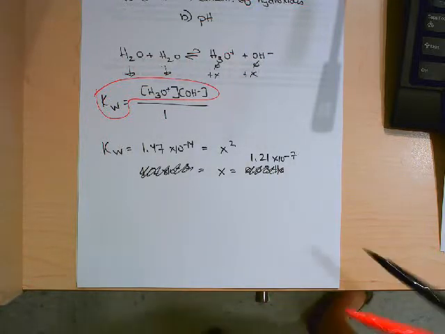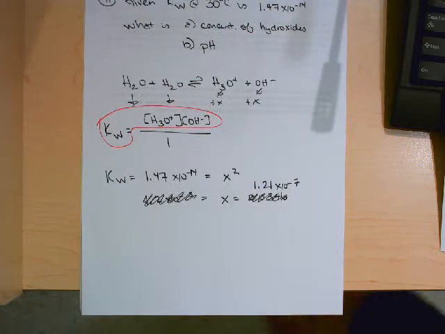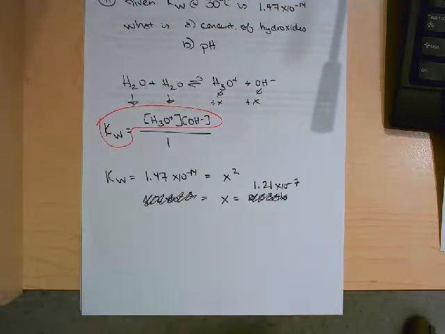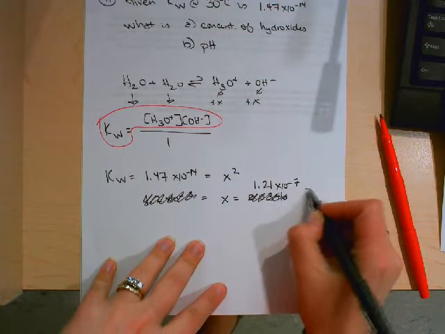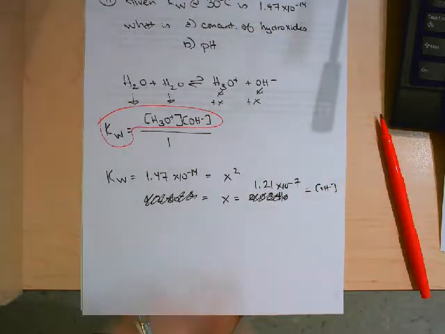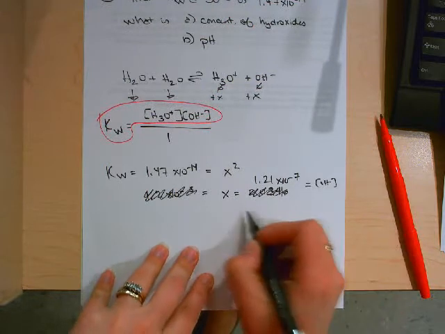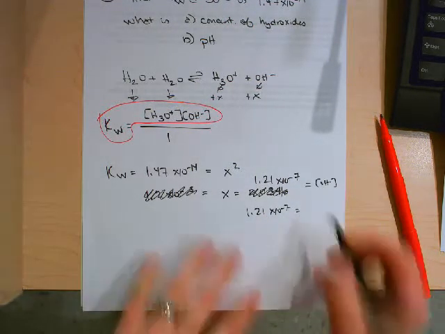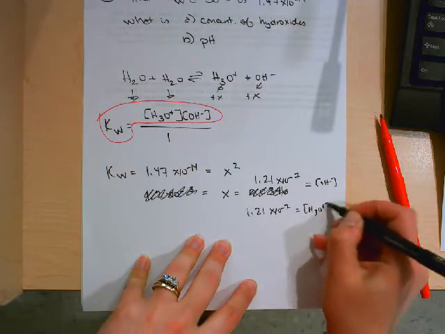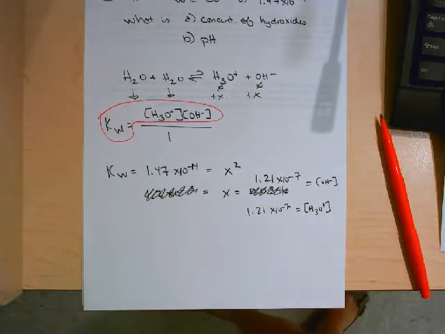All right, does this answer part A? Yes. How do I find the pH? So this is the concentration of OH minus, that's part A. But 1.21 times 10 to the negative 7th is also the concentration of hydronium.